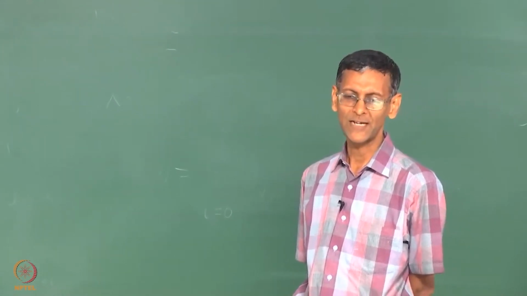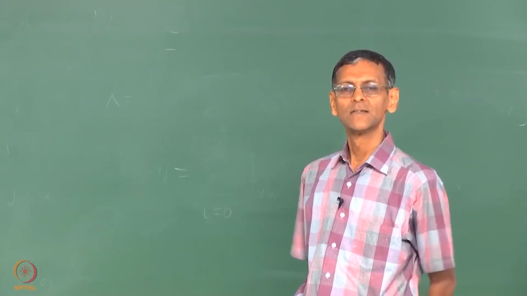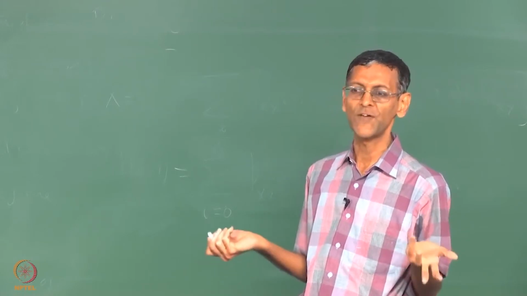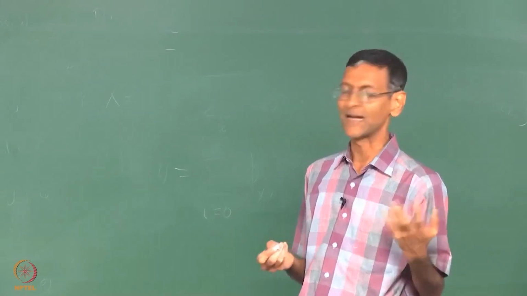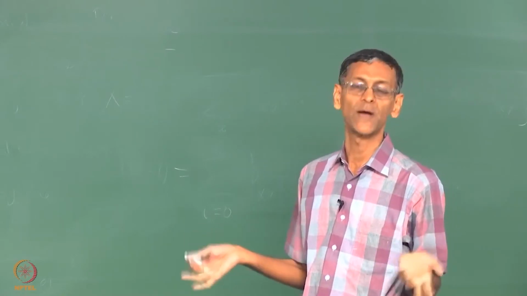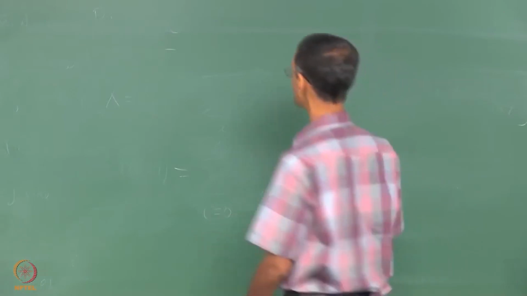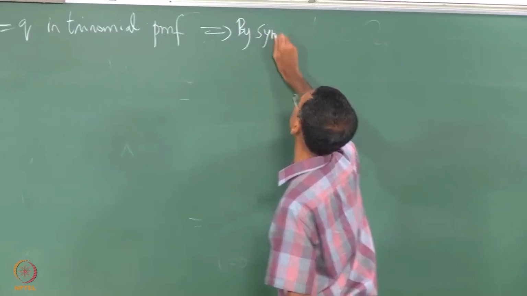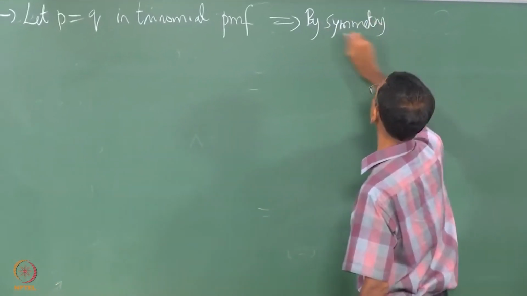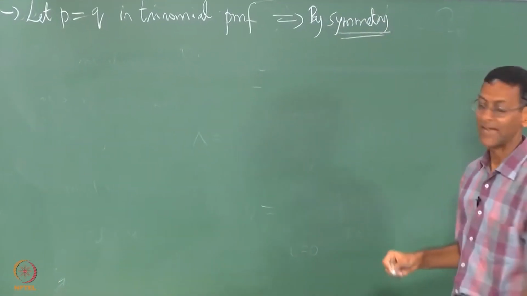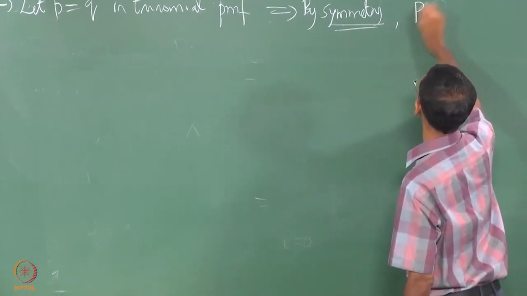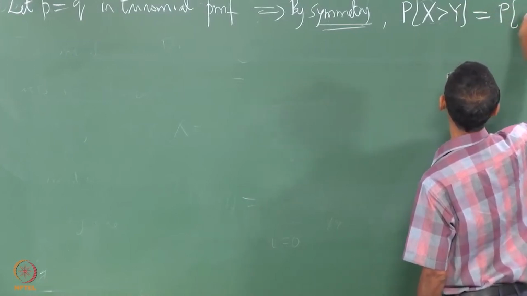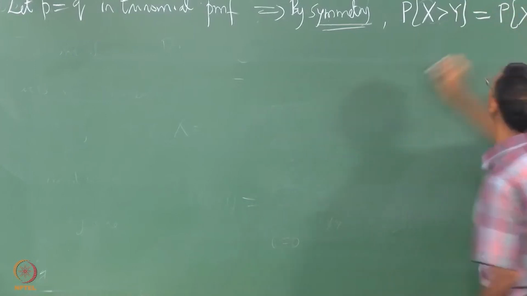Why can you say that with some great degree of assurance? Because in a probabilistic sense you are neither favouring event number 1 for which x is the count, nor favouring event 2 for which y is the count. So by symmetry, the symmetry argument will come in very handy later on. Probability of x greater than y equals probability of x less than y.